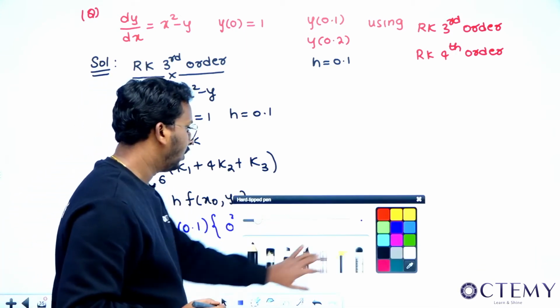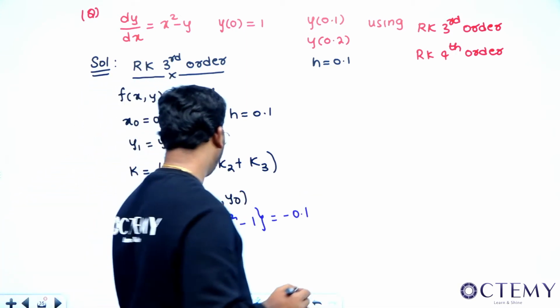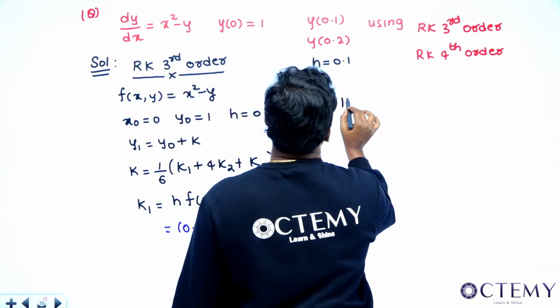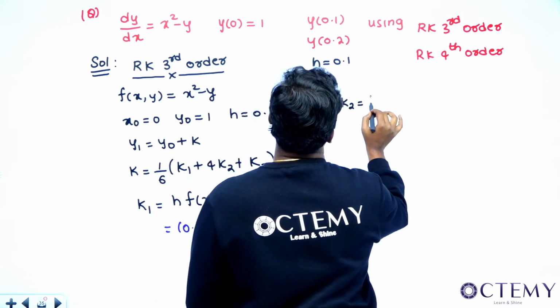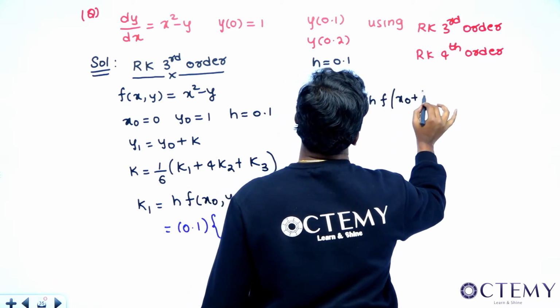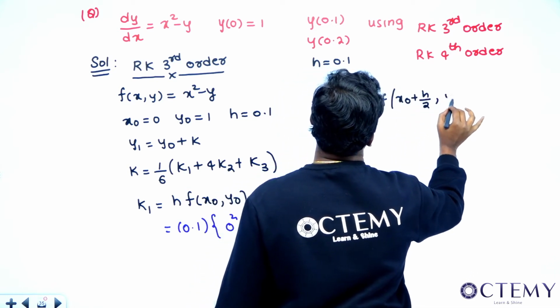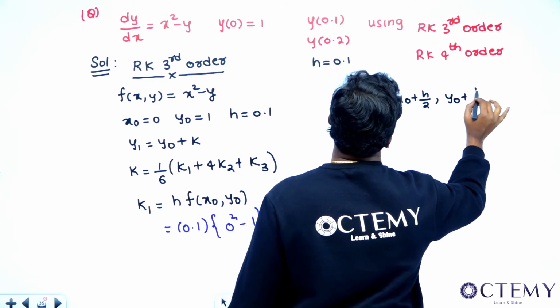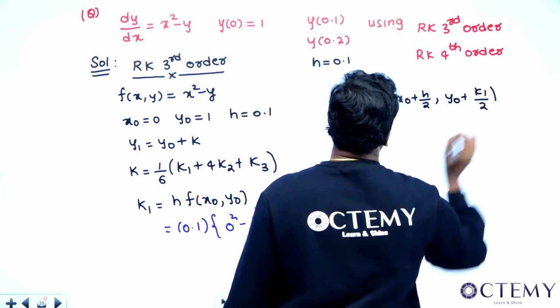Very good. Now let us see what k2 becomes. Your k2 will be equal to h f(x0 + h/2, y0 + k1/2).